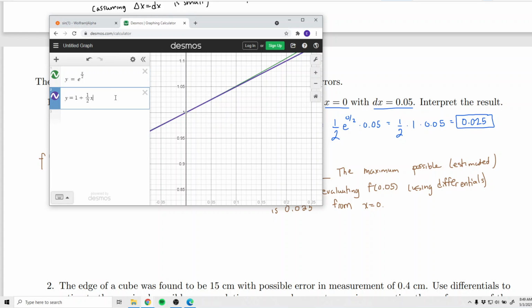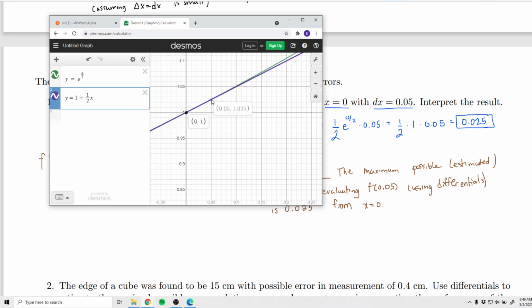Well, if I go to my linearization and see what 0.05 is, I get 1.025. Where is this number coming from? It's coming from the fact that when you plug in 0, you get 1. And then when we plug in 0.05, you get 1.025. And if you subtract them, you get 0.025.